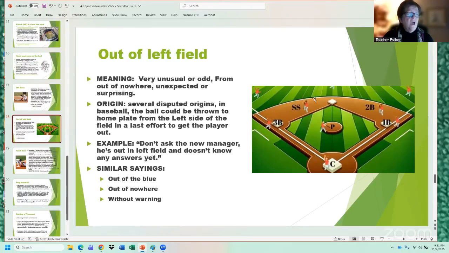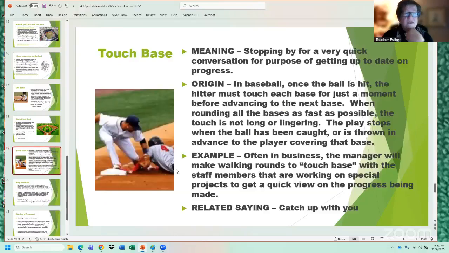So this guy is doing a lot of running around, following up on a lot of different space, okay? And the pitcher catches all that stuff in the middle if he's able. Between him, the pitcher, and the shortstop, they should have this area covered. So touching base is a quick conversation.